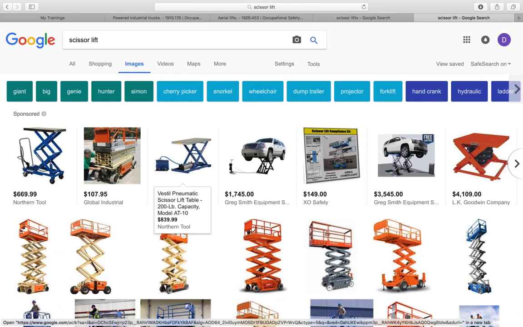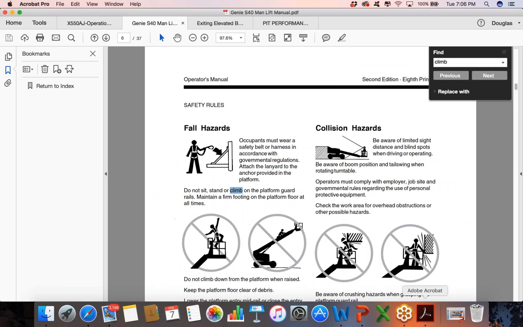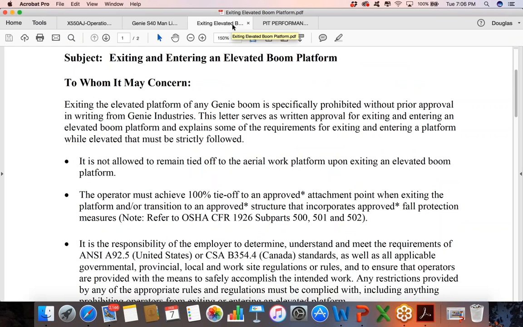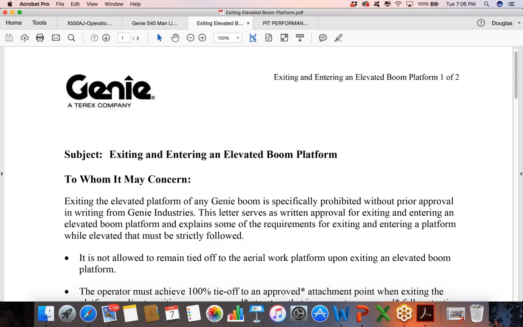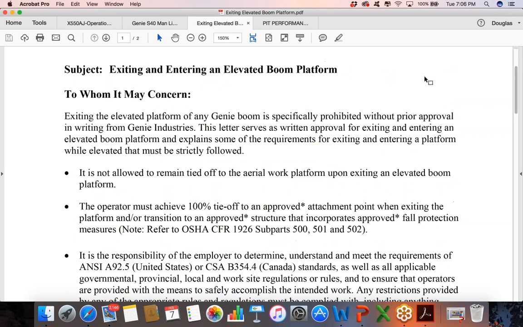So there you go, folks. We read all of the material when it comes to aerial lifts with NCCER, and then I showed you those differences online. Let me show you one more example also. Anybody who wants me to send you these lift manuals, feel free to ask, and I'll be happy to send them to you. Also, look at this from Genie, to whom it may concern, and this is for their boom lift.